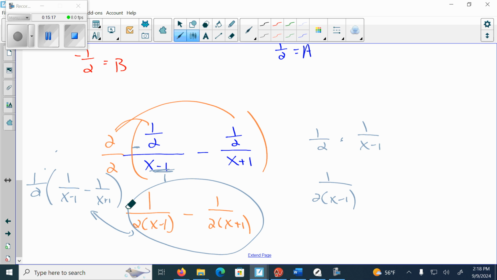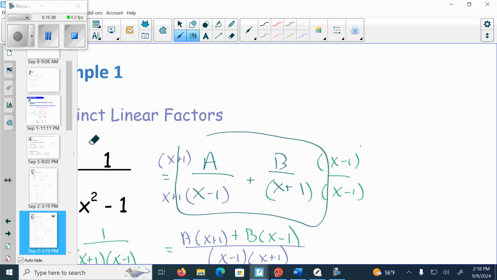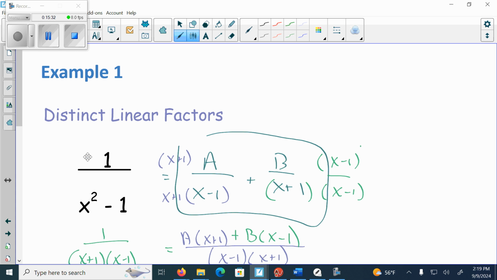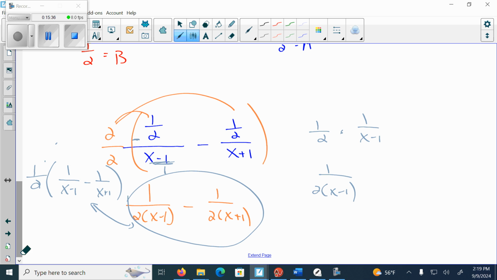Okay, remember how I said there were two ways to do it? And I said that was method one? Now I'm going to show you method two, and I can do something pretty slick. Question. Where did the negative 1/2 go? I changed it to subtraction.